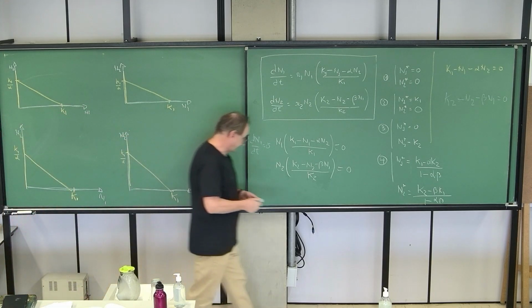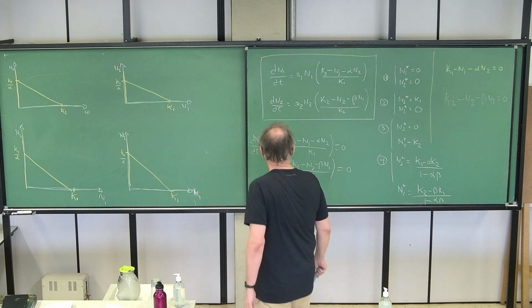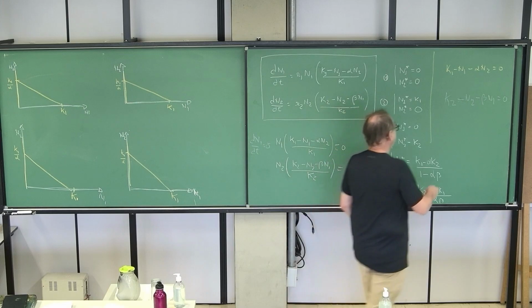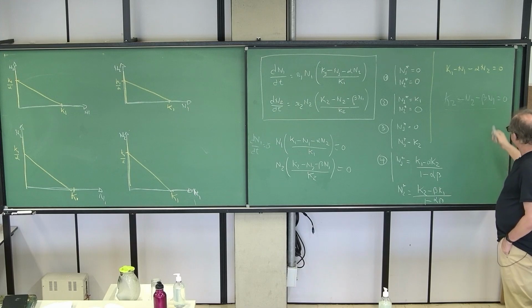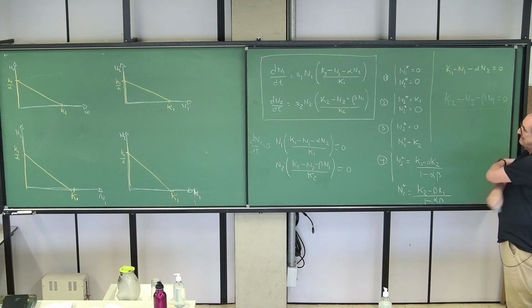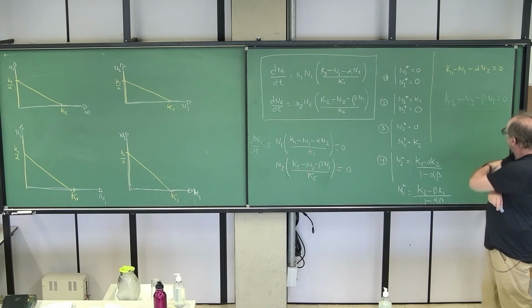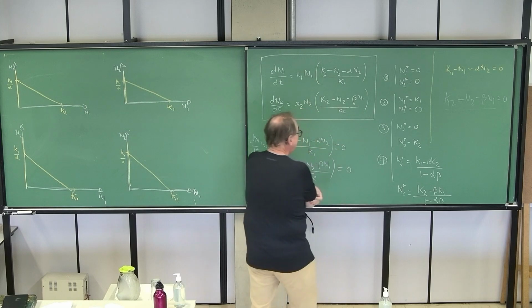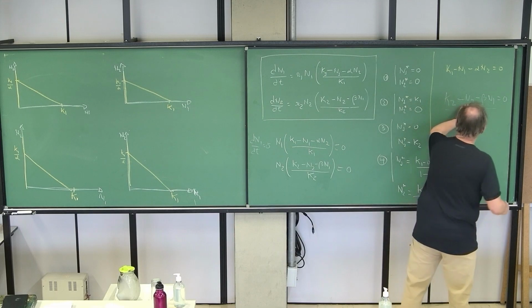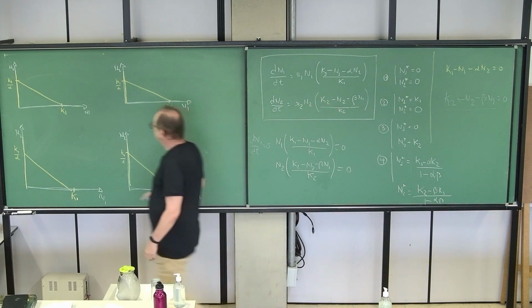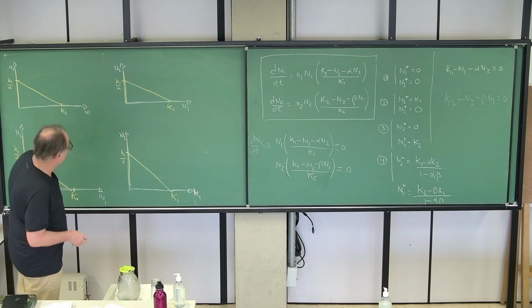Now, let's see. This line goes like this. Now, n2 can be 0, okay, this line. So this line can be given by, if I take n2 equal to 0, then n1 can be k2 over beta.